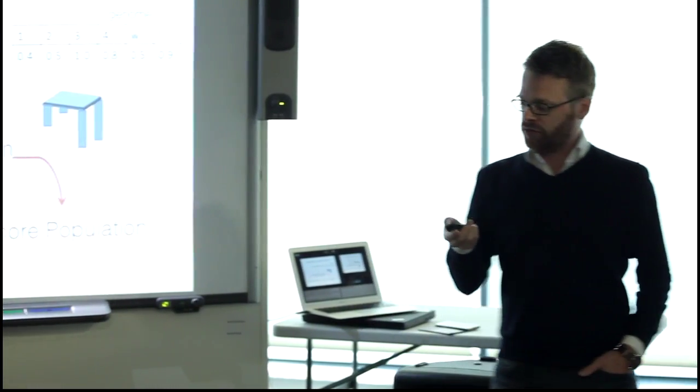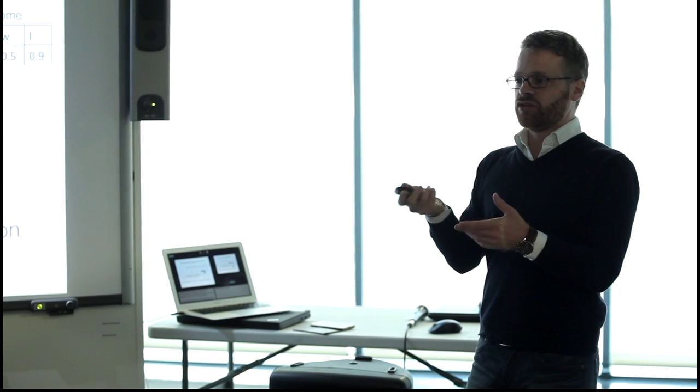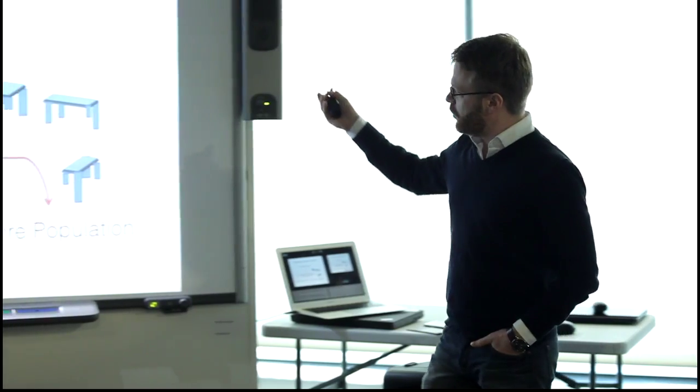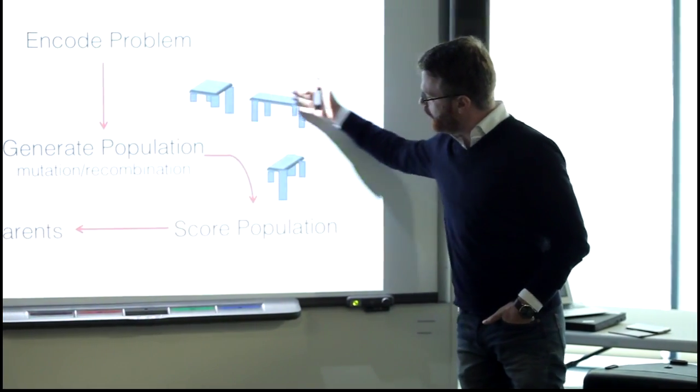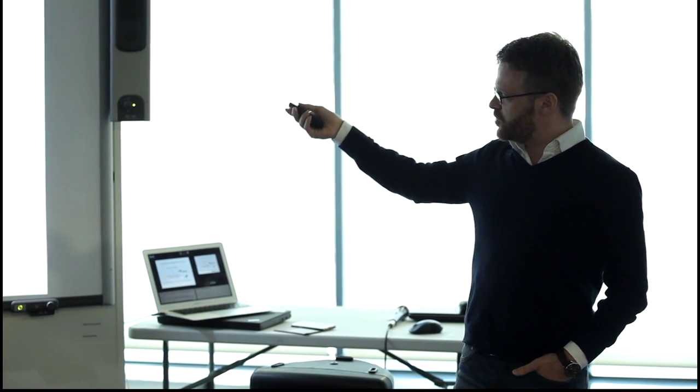So this is what Joel talked about before, that your children look similar to you, but they look maybe slightly different. So by doing this, from this parent, I can generate a population of, in this case, 3. Normally in these algorithms you have 100, 200, 300 individuals. So now I have a generation of different tables.